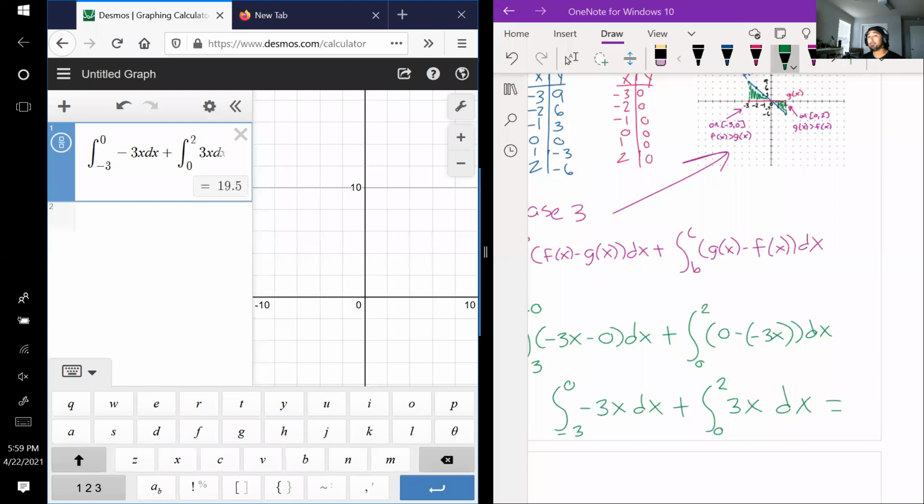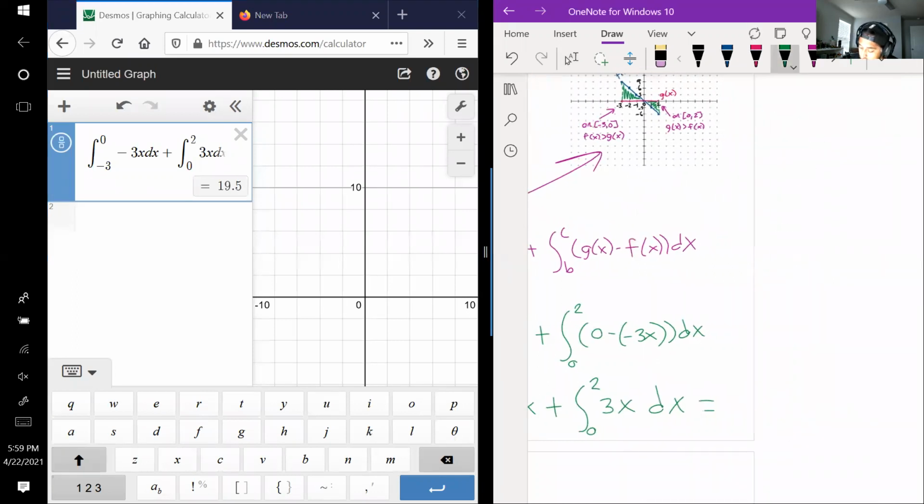And the area between both of those curves, both of those functions, is going to be 19.5. And there we go.